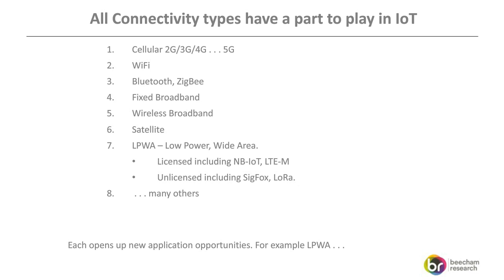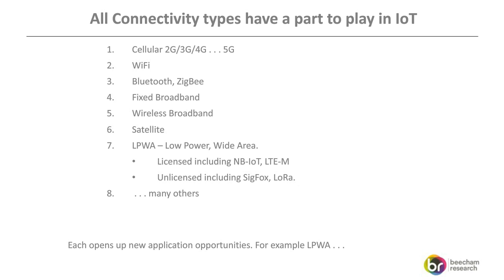We have Wi-Fi, which we are, Bluetooth and Zigbee, which again we're going to be talking about today. Fixed broadband, we're not. Wireless broadband, we're not. Satellite, we're not. A wide area, maybe a bit, and then many others. But the point is that new applications are enabled when new types of connectivity come onto the market.